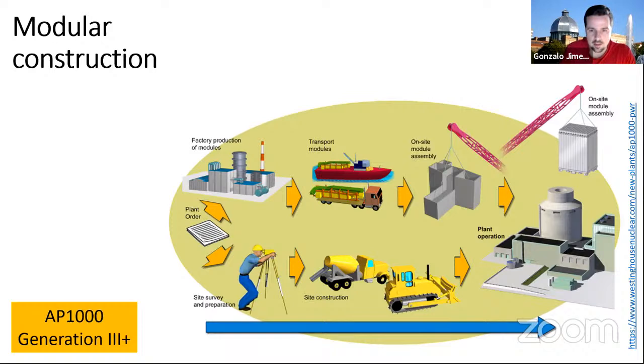So we can gain a lot of time on one hand, and on the other hand we can also have quicker qualification of the components and the building, because we will do it in a factory, and we will move it to the place where it has to be installed with specific procedures and requirements.